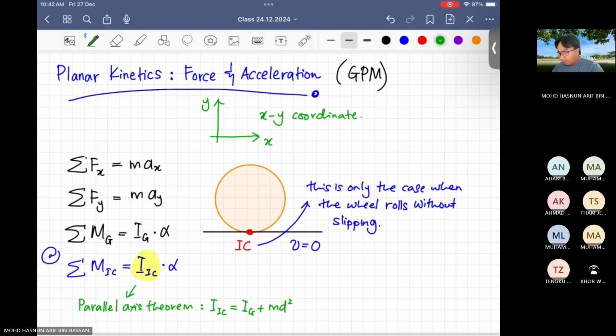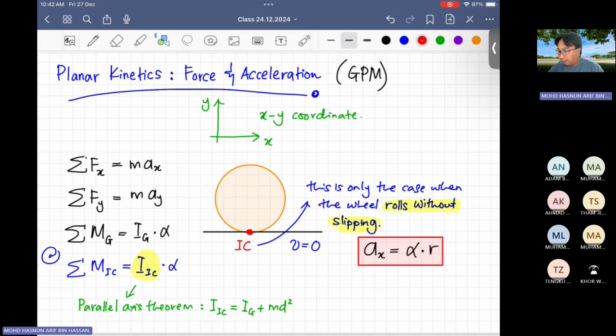And if it rolls without slipping, only in that case, then we have another equation that we can apply, which is AX equal to alpha times R. This is the case only when it rolls without slipping.